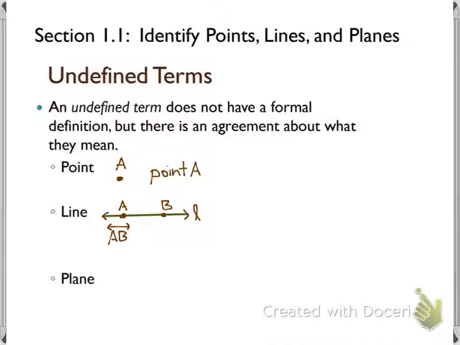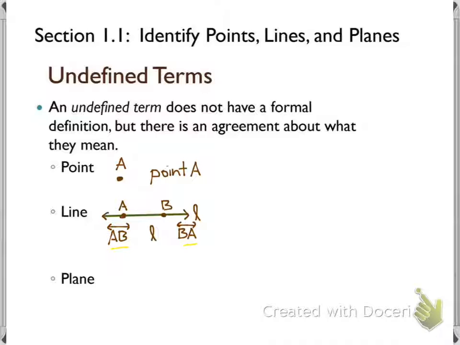So capital letters with the arrows on top, or I could call it line L, or I could even call it line BA. And when we put like AB and BA here, we're saying those are the points that it goes through, but we want to think of those arrows, meaning it goes on from those points on forever.